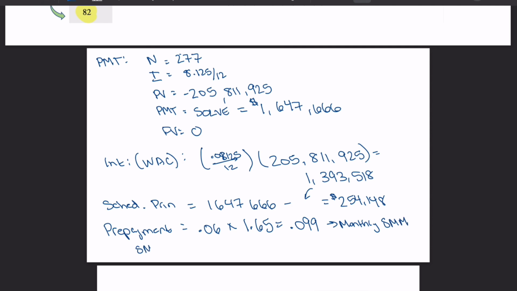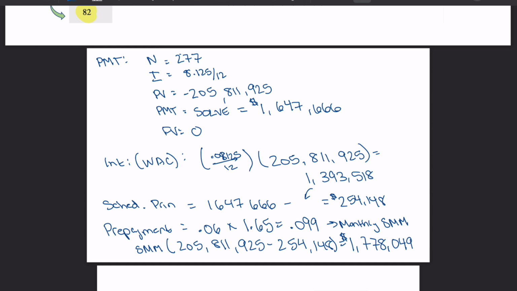Once we have that, we multiply it by the beginning balance, the $205,811,925 minus the scheduled principal of $254,148, resulting in a prepayment of $1,778,049.